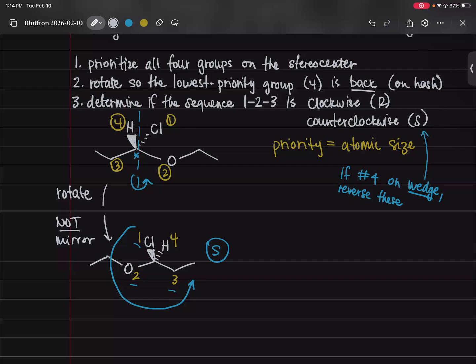Okay, in this example, all four elements that were connected to the carbon were different, and so that made assigning the priority pretty easy. But as we know, organic molecules tend to have a lot of carbon atoms, and so we're going to end up with multiple carbon-based substituents on our carbon of interest, and so we're going to have to have a tiebreaker of some kind in between those.